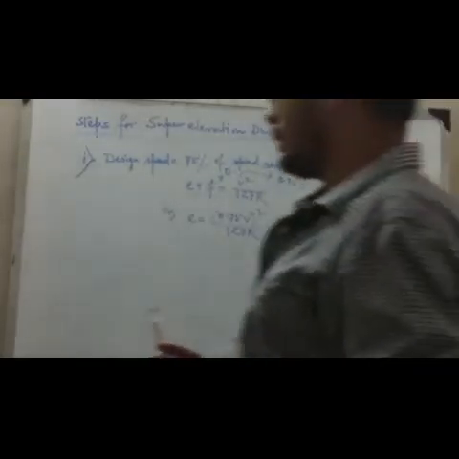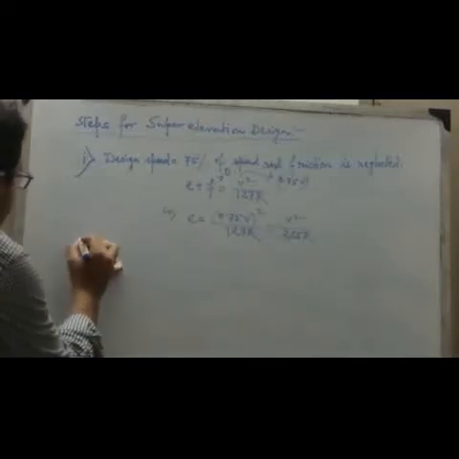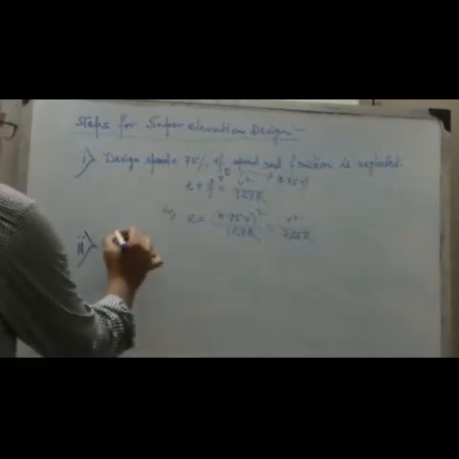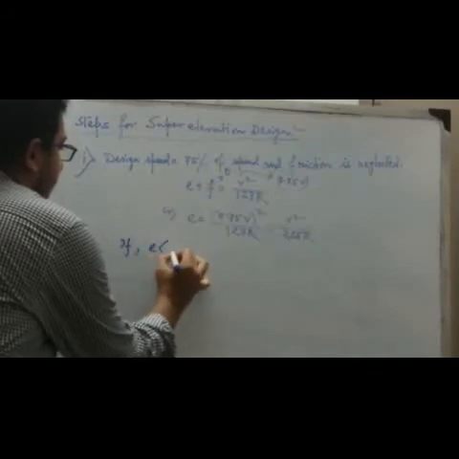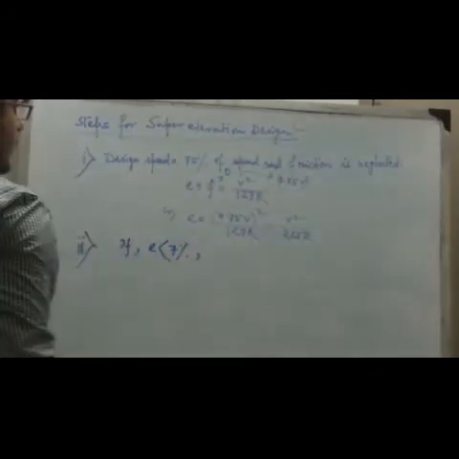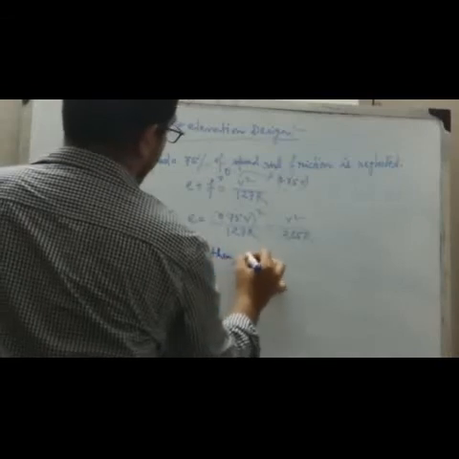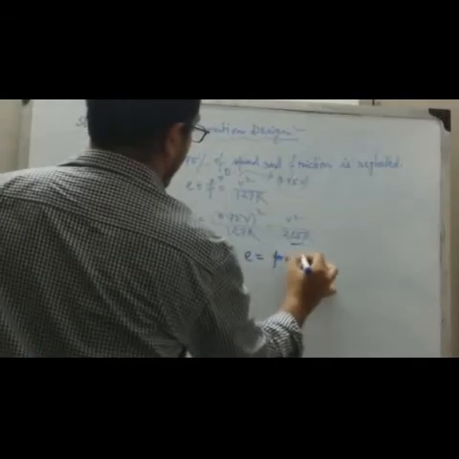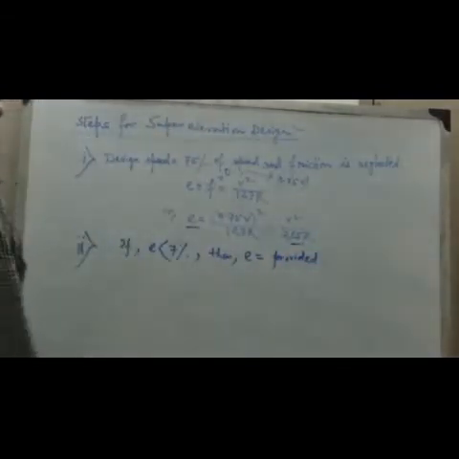And for step 2, if the calculated super elevation is less than 0.07, that means 7%, then this e is provided for the pavement.